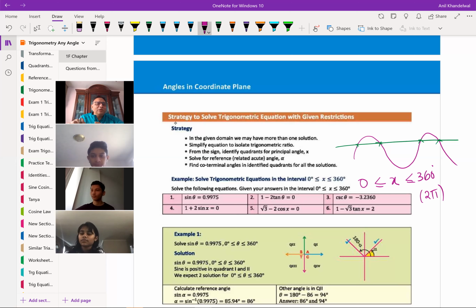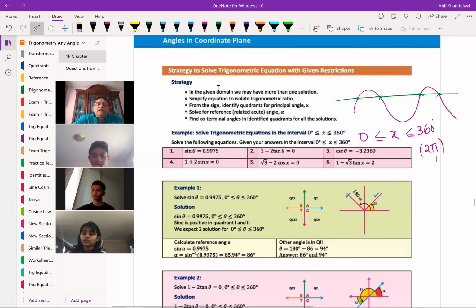So normally we are looking at the unit circle, the angle from 0 to 360 degrees or from 0 to 2 pi. Within that, we look for solutions, and then we know the general solution could be all the co-terminal angles, which you can get by adding 360 degrees, or the period of the trigonometric function if the case is different. Is that clear to you? Right? So that is the base.